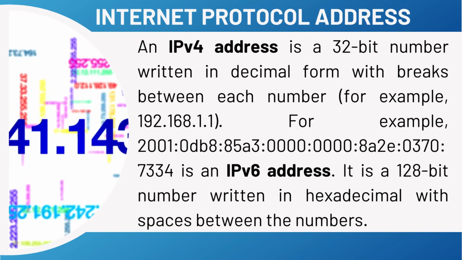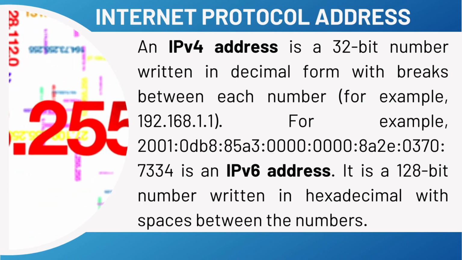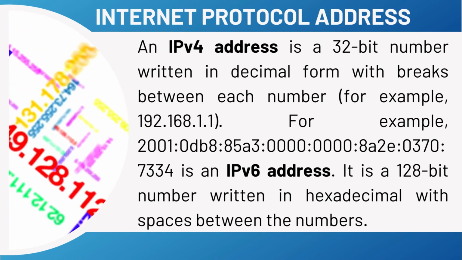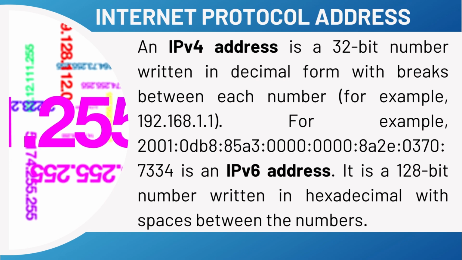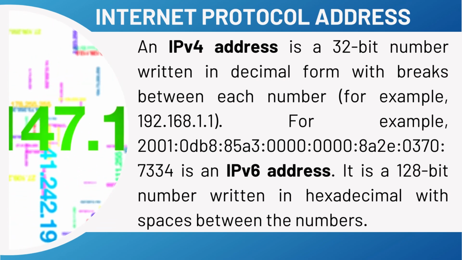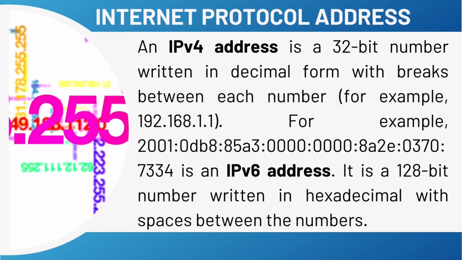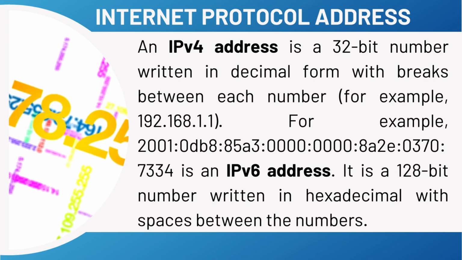For example, 2001:0db8:85a3:0000:0000:8a2e:0370:7334 is an IPv6 address. It is a 128-bit number written in hexadecimal with separators between the numbers.